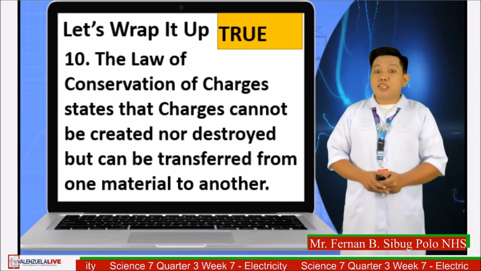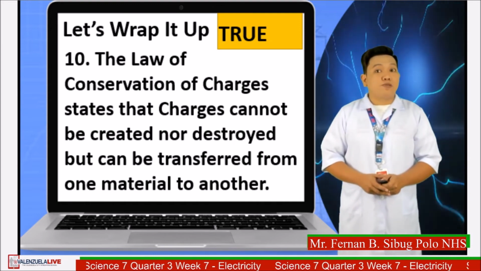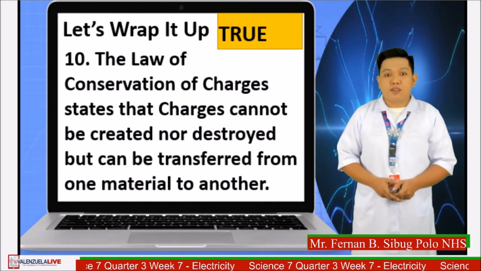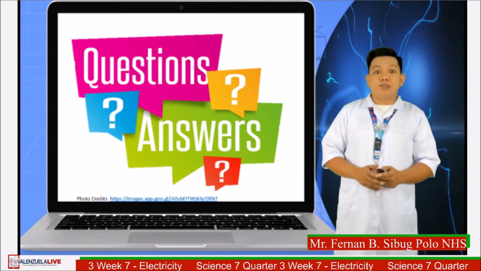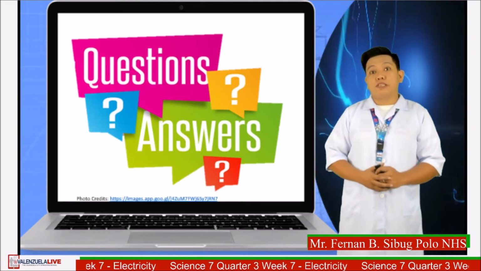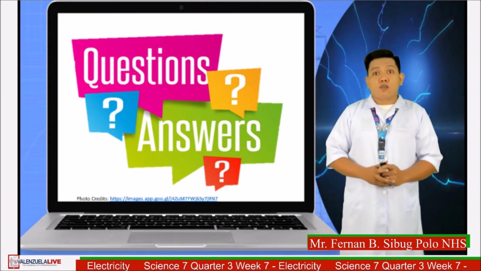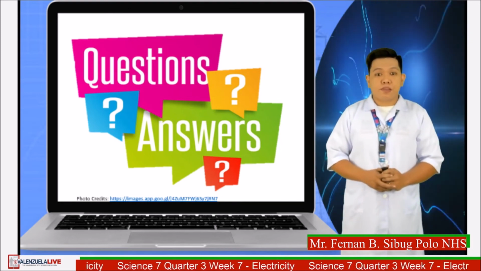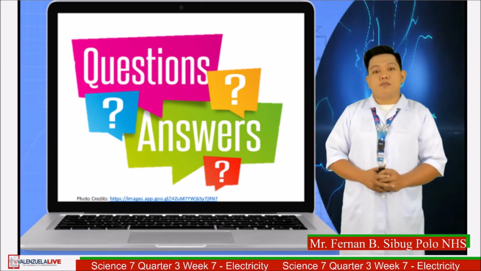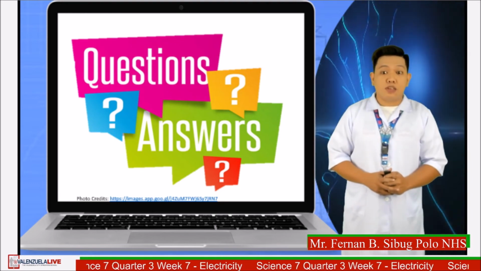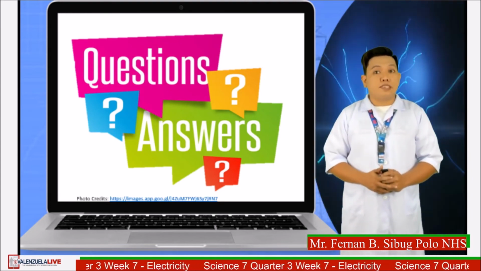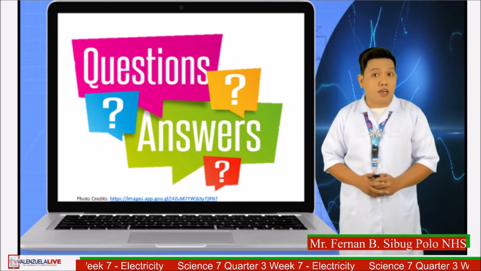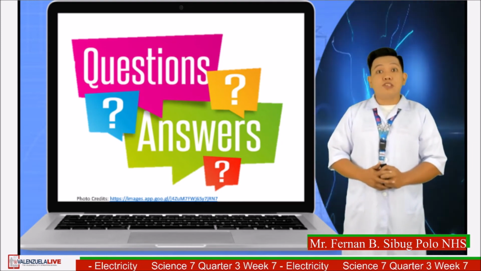Now, I think you all know the different types of charging processes. This time, I will be answering questions related to our topic today. Question number 1. What is the difference between charging by induction and charging by conduction if both of them need a neutral and a charged material? Okay, this is a good question.